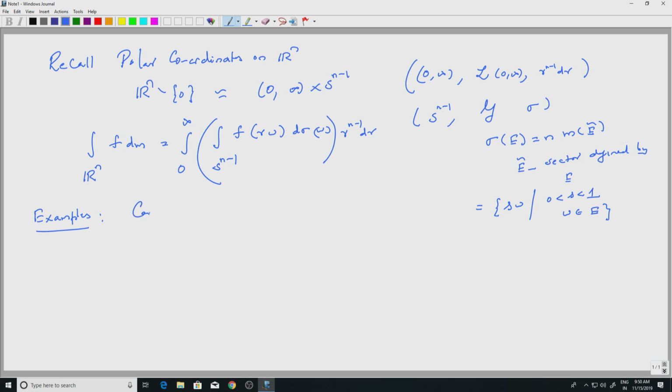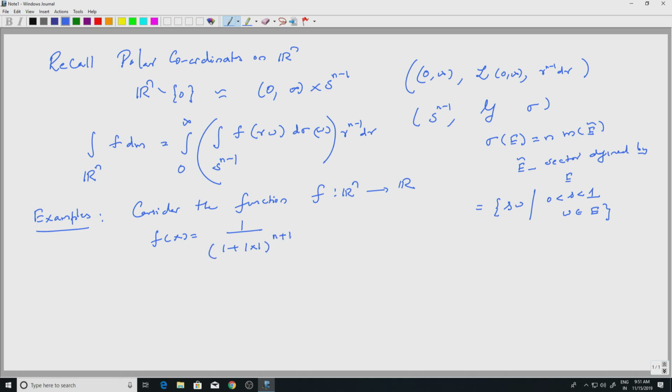So, consider the function defined on Rn. Let us say it takes values in the real line. It is actually positive. So, f(x) is going to be defined by 1 over (1 plus mod x) to the n plus 1.